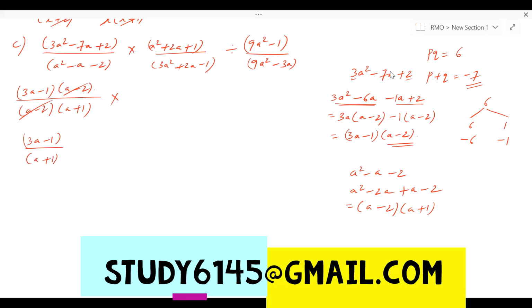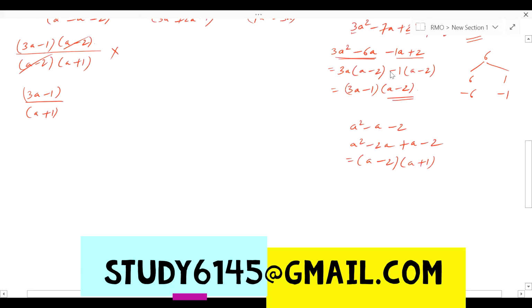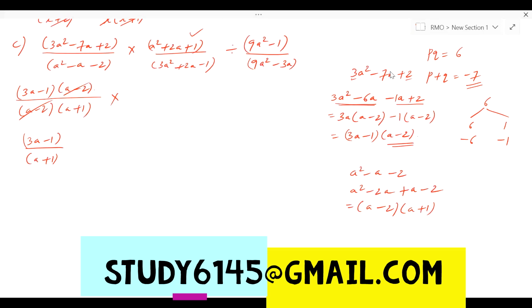Now let's simplify this part, the second one. So this part is a quadratic again. So p plus q is equal to 2 and p times q is equal to 1.